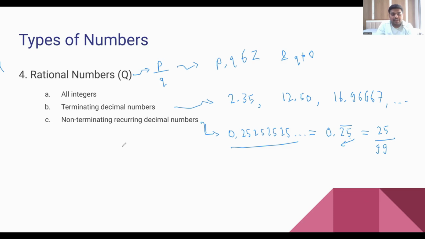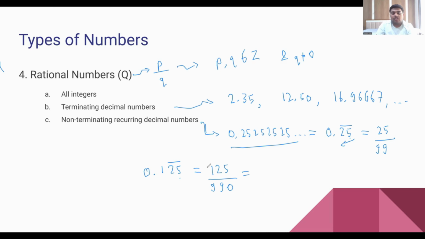But what if I tell you the number was 0.125 bar, wherein the bar is on 25. Now we can write it as 125 divided by, 5 has a bar going from left to right till we reach the decimal. So 9, then 2, here also a 9, and 1 does not have a bar above it. So we will add a 0 for it.